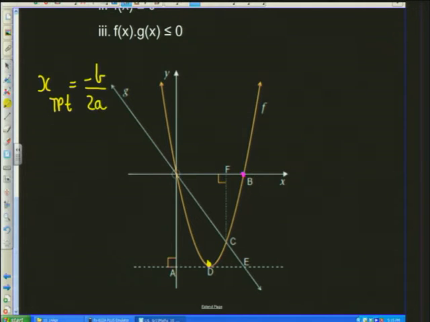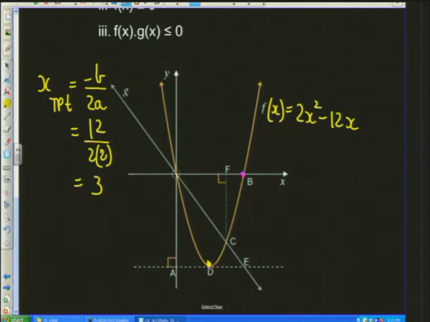And our equation for our parabola is f of x equals 2x squared minus 12x. So if I look at what b is and get it from the formula, that would be 12. And 2a would be 2 times what a is. So 12 over 4 would be equal to 3.